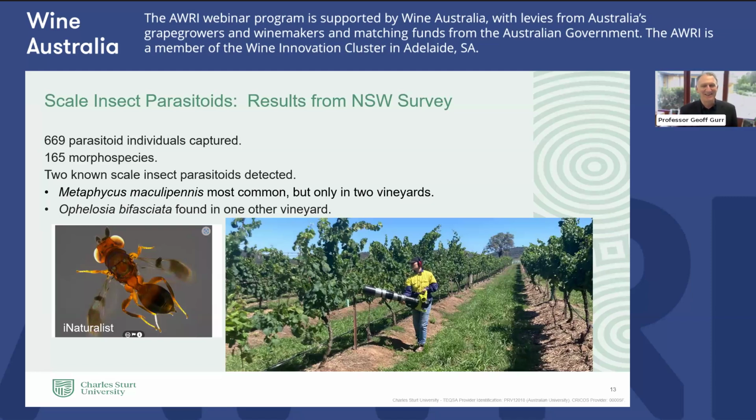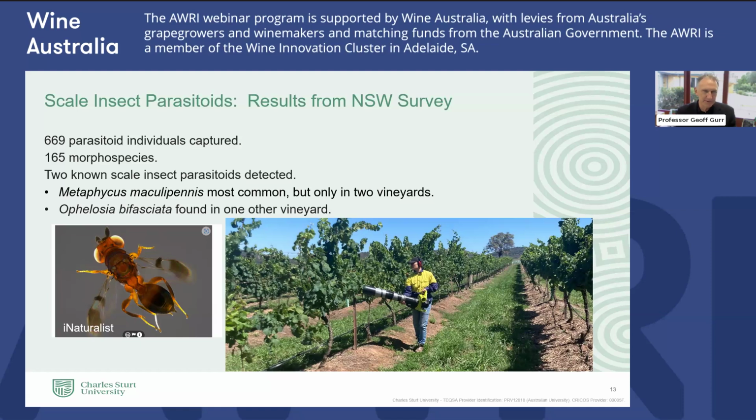That's great. So the findings from this vacuum collection exercise in the 6 vineyards that I've introduced to you was that we found 669 parasitoid individuals, and based on microscopic visualization, they were sorted into 165 morphospecies, and 2 known scale insect parasitoids were detected amongst those.